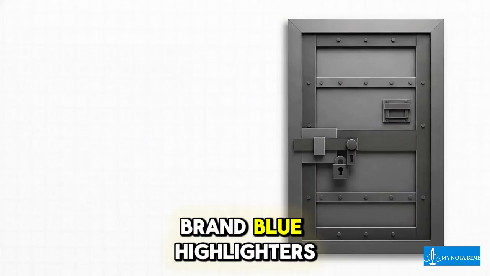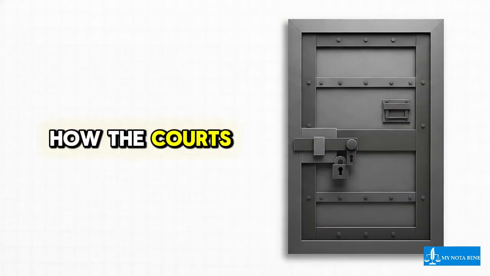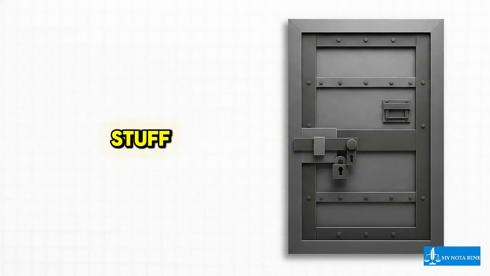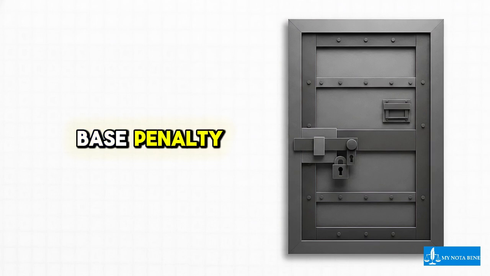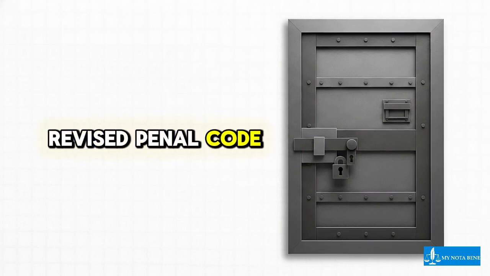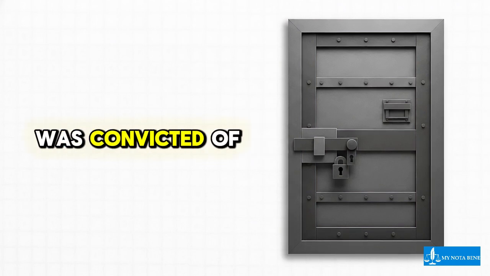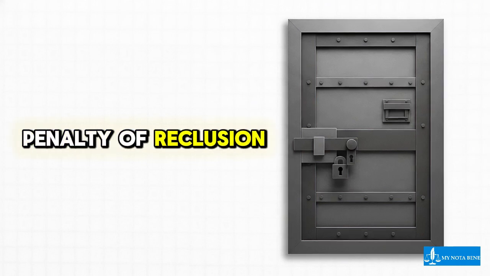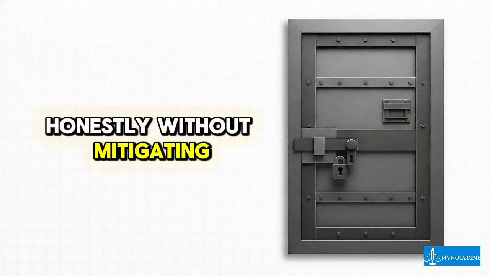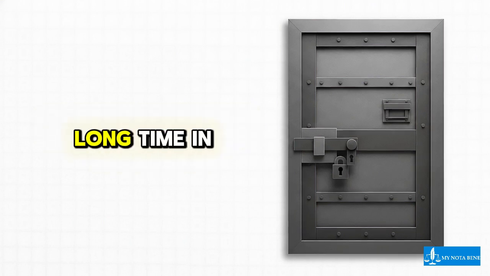Grab those brand blue highlighters, because here is how the courts actually calculate this stuff. Every single criminal sentence calculation starts with the base penalty prescribed by the Revised Penal Code. So, Joaquin David was convicted of homicide, right? That carries a really heavy base penalty of reclusion temporal. Honestly, without mitigating factors, he's looking at a very, very long time in prison.